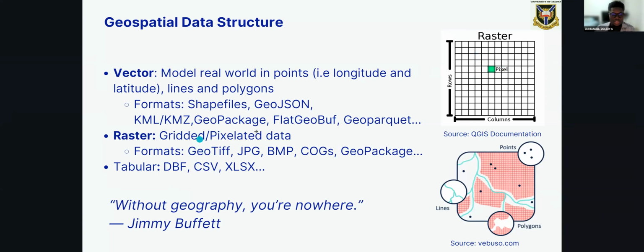Examples of raster can be JPEG, PNG, normal pictures. If you can zoom in very well into those pictures, you'll see pixels, grids. So these grids are raster data sets. They store data in grids, like very small squares.